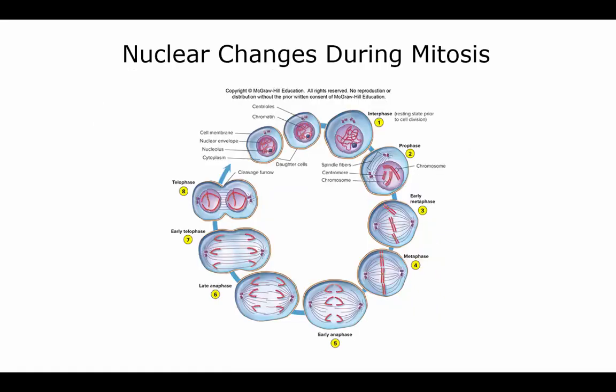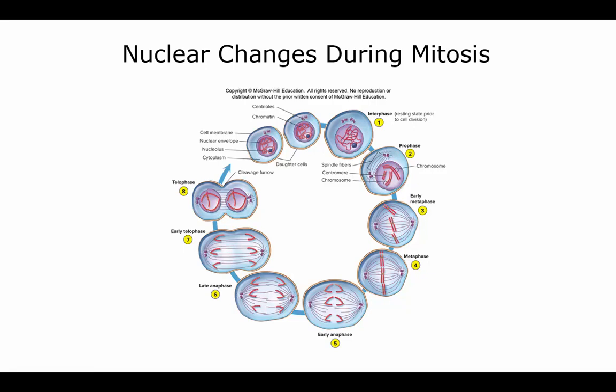Now, we know cells have to divide to grow and develop. This is just showing you mitosis, which is a nuclear division, where we start out up here with a cell that has a cell membrane, and you see the nucleus, the nucleolus. The cytoplasm's going to have all those organelles, that's just not drawn in pictures of mitosis. And that cell is going to go through the cell cycle.